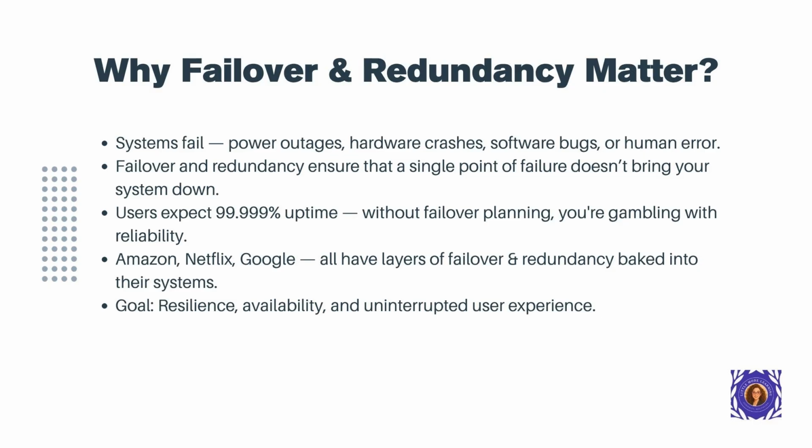Giants like Amazon, Netflix, and Google have layers upon layers of these mechanisms baked into every part of their infrastructure. Our ultimate goal today is to understand how to design for resilience, achieve high availability, and provide an uninterrupted user experience, even in the face of inevitable failures.